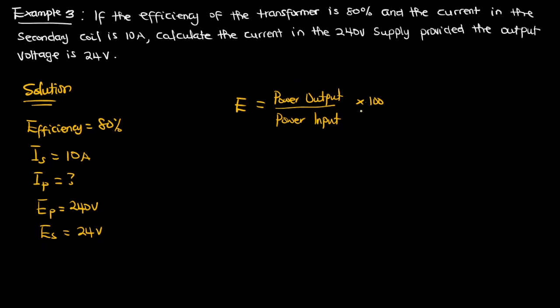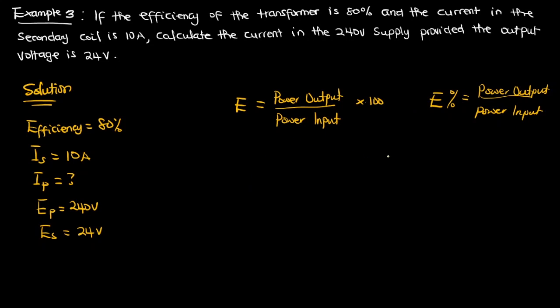Since this is multiplying by 100, we can leave it like that for now. But when you have the efficiency already given to you in percentage, you take off the 100. The efficiency is just equal to power output over power input, because the percentage has already been brought over to this side.